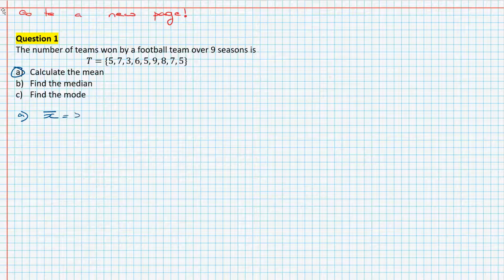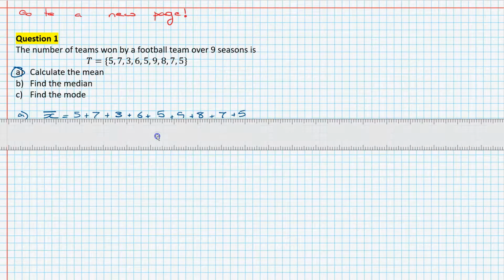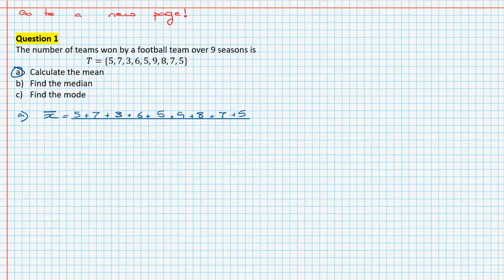So we're going to go 5 plus 7 plus 3 plus 6 plus 5 plus 9 plus 8 plus 7 plus 5. I'm going to grab a ruler and draw a line underneath it. Now that that's done, I need to count how many data points there are. So 1, 2, 3, 4, 5, 6, 7, 8, 9. So I'm going to divide all of that by 9.